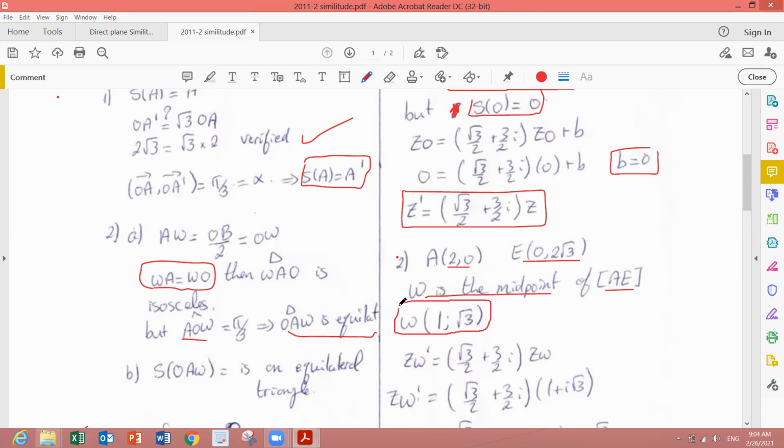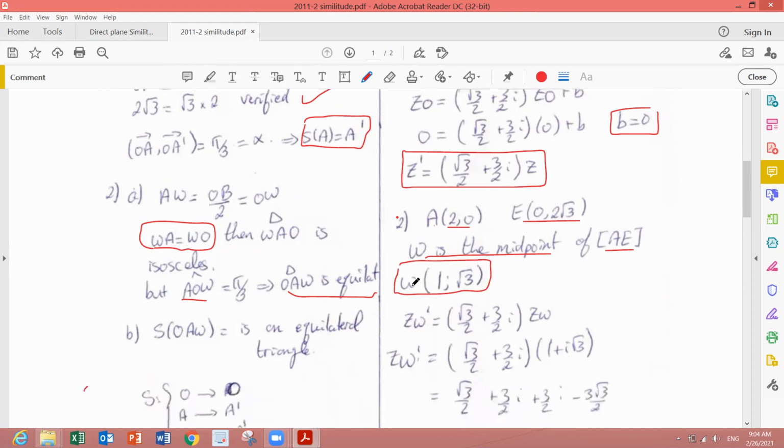To find the affix of W prime, the image of W by S: ZW prime equals radical 3 over 2 plus 3 over 2 i times ZW.